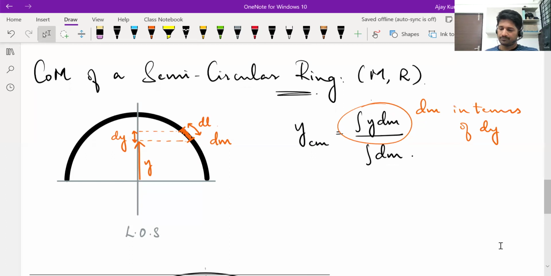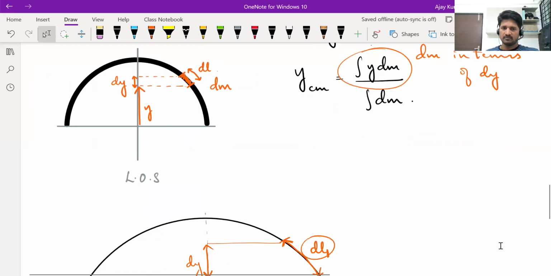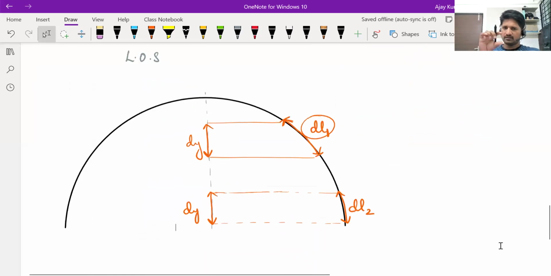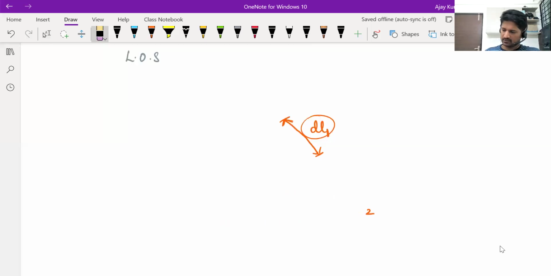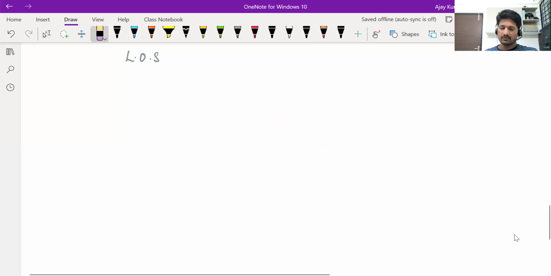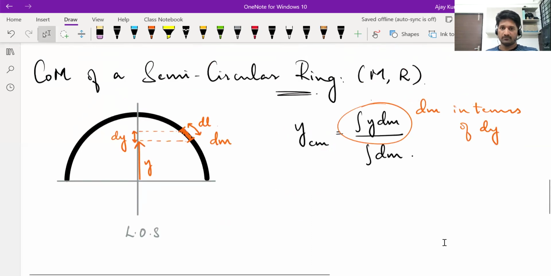If you can connect dy and dl, then you can connect dm and dy. But establishing a relation between dy and dl is difficult, because at one level there's one dl for one dy, at another level there's a different dl for a dy. So there's no fixed relation between them. In such cases, what we do is we change the variable. We try to look at it in a different manner.